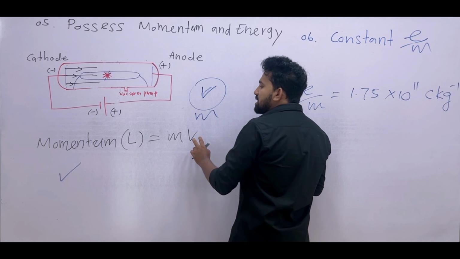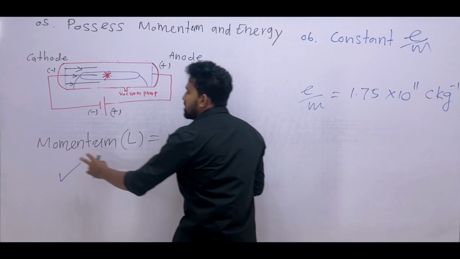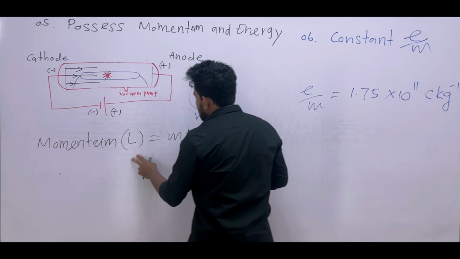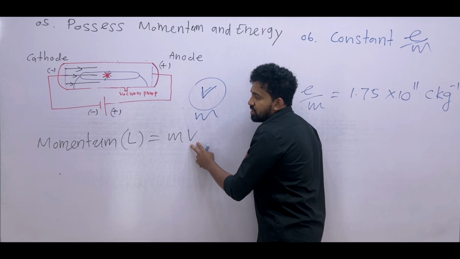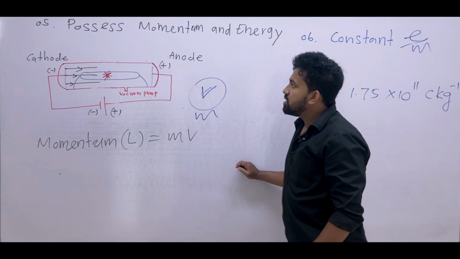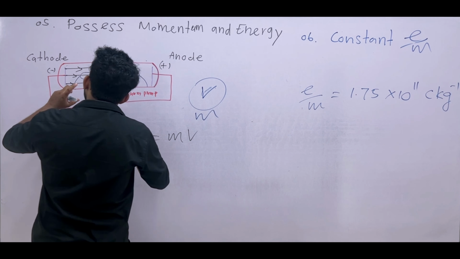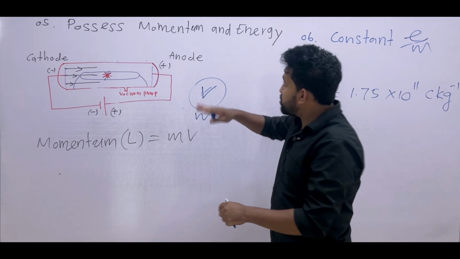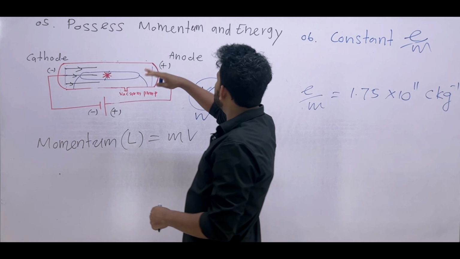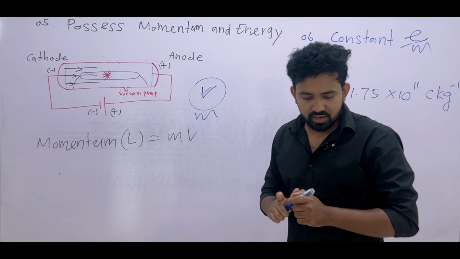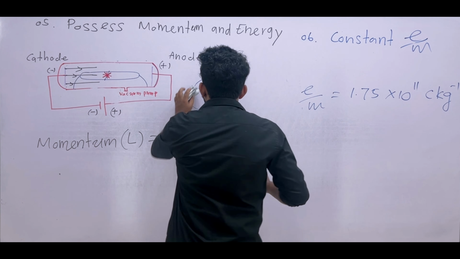It means the cathode ray should contain momentum. The momentum is equal to mass multiplied by velocity. So from this we can predict that the cathode ray possesses momentum and energy. So that is it about that one.